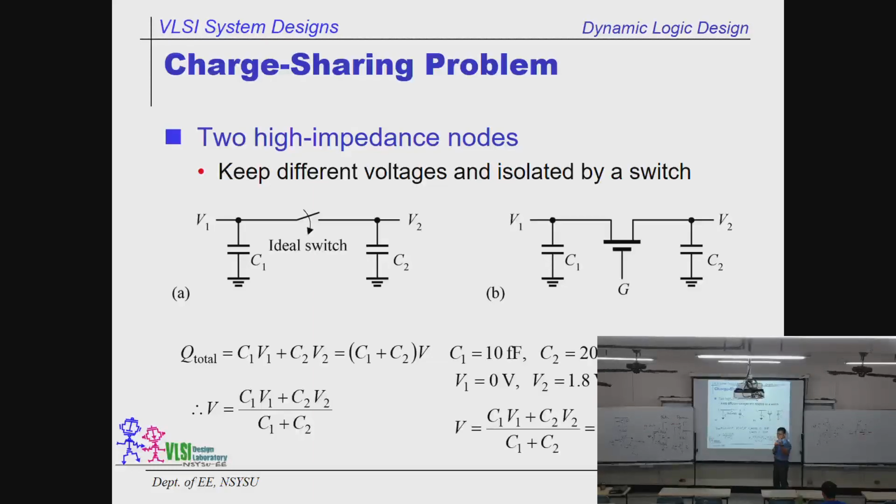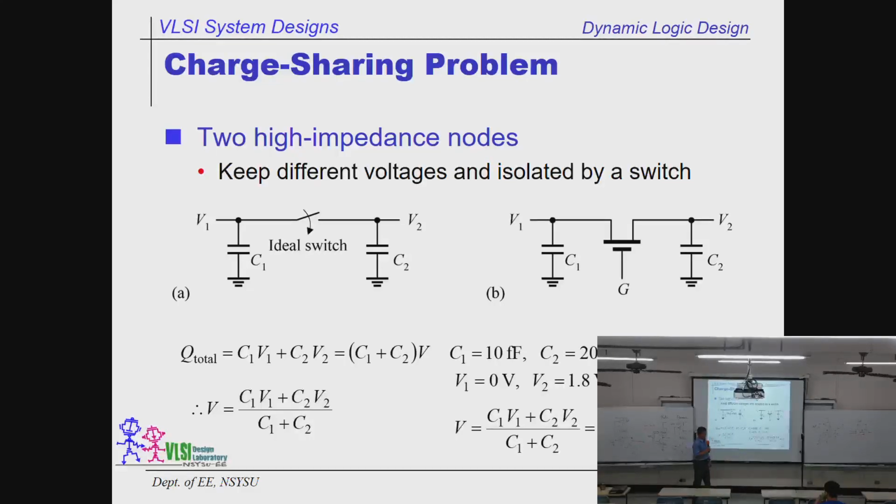Now let's close the switch, so that these two capacitors are shorted together and become parallel. Because they are parallel, the final voltage after the switch is on becomes V, and the overall capacitance is the summation of these two capacitors. So using basic linear algebra, we can find this answer.